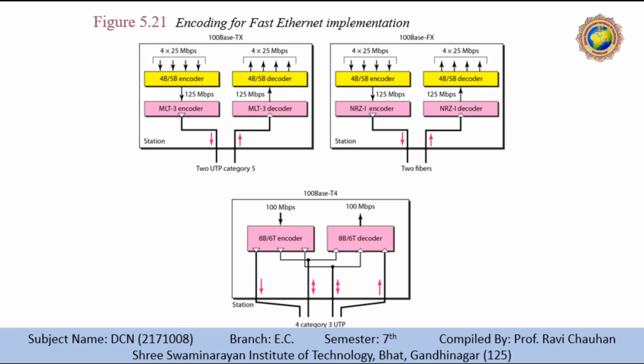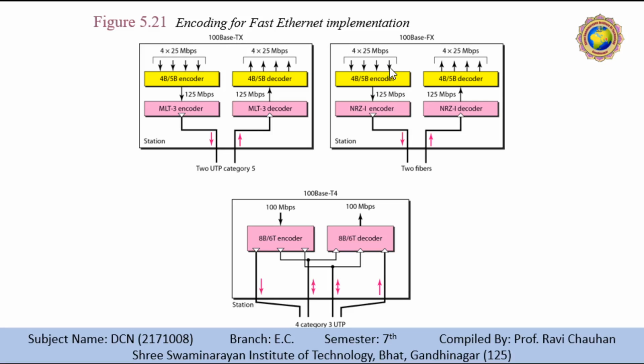However, since MLT3 is not a self-synchronous line coding scheme, 4B/5B block coding is used to provide synchronization by preventing the occurrence of long sequences of zeros and ones. This creates a data rate of 125 Mbps, which is fed into MLT3 encoding. So MLT3 encoding is used with 2 pair category 5 UTP, that means 100 base TX.